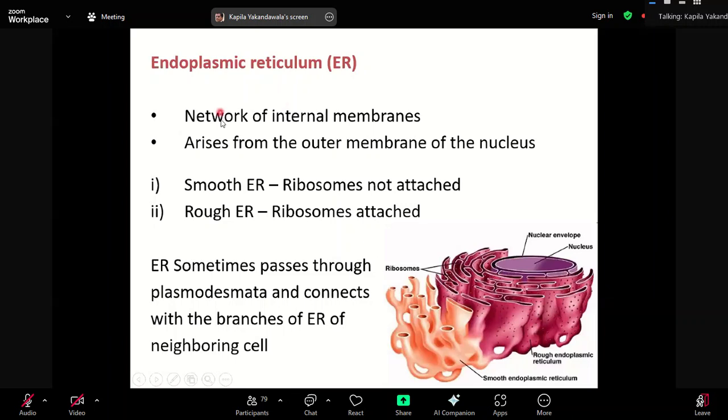And what is endoplasmic reticulum, ER? It is linked to the nucleus and it goes like this. It has a large number of membranes and sometimes it can move out and connect with the next cell as well. There are two types, smooth ER and rough ER. Smooth ER, no ribosomes. Rough ER, ribosomes present.